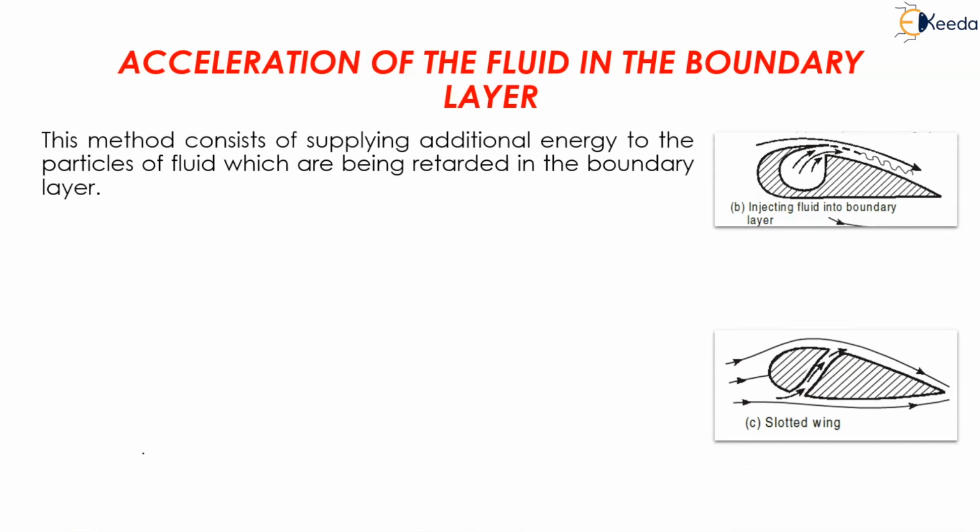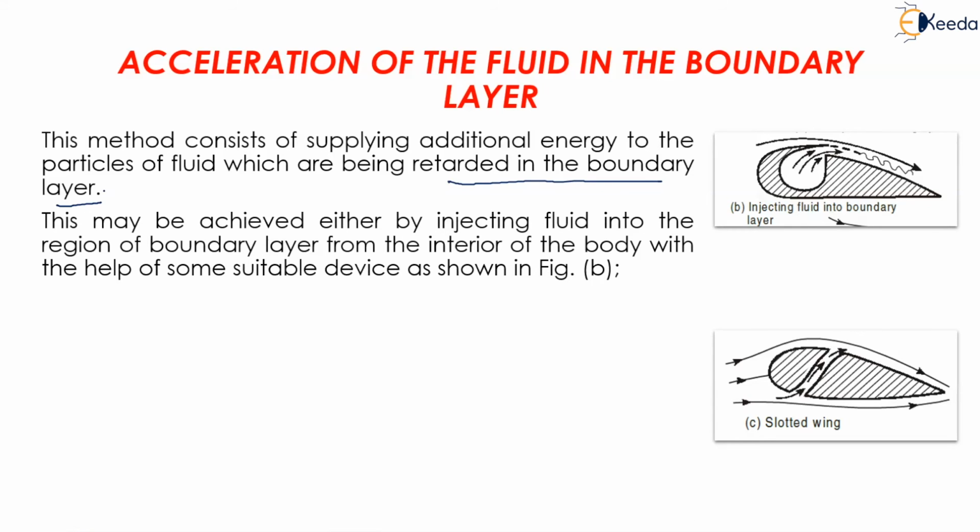Next is acceleration of the fluid in the boundary layer. This method consists of supplying additional energy to the particles of fluid which are being retarded in the boundary layer. So we supply additional energy to those fluid particles which are retarded in the boundary layer.